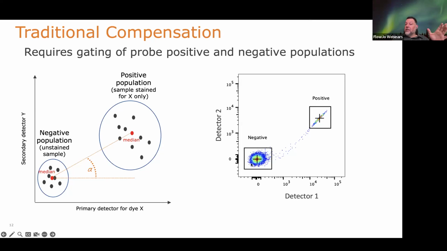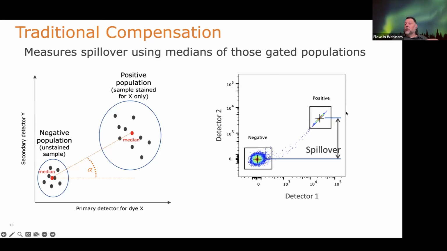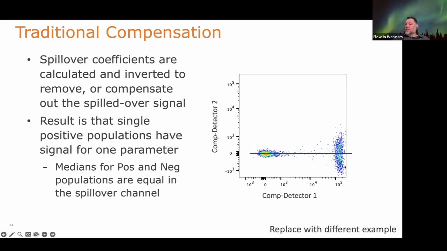So looking at bivariate plots, it's easy to see. We've got a negative and we've got this positive that is now bleeding in the uncompensated state into detector 2. And what we're going to measure or remove is the spillover, right? We want to bring this population down so that it has the same MFI in detector 2, both positive and negative. And here's the compensated state, right?